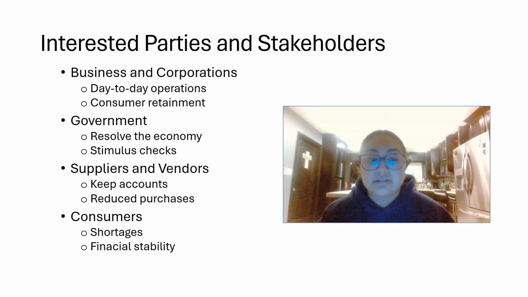And that's again, so we go to consumers. So consumers weren't purchasing as much for a number of reasons, right? So firstly, it was going to be shortages. Examples of this would be toilet paper, face masks, medicines, all that kind of stuff. And this is because they lacked financial stability, right? We all went through a difficult time.